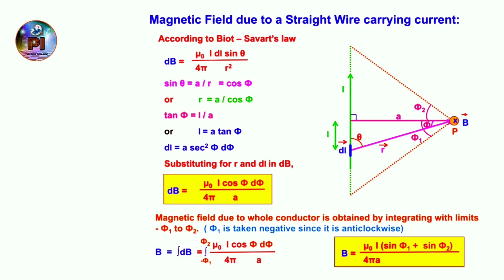Now we are taking the limits here. The magnetic field due to the whole conductor we obtain by integrating within the proper limits. So here the limits are minus phi 1 to phi 2.